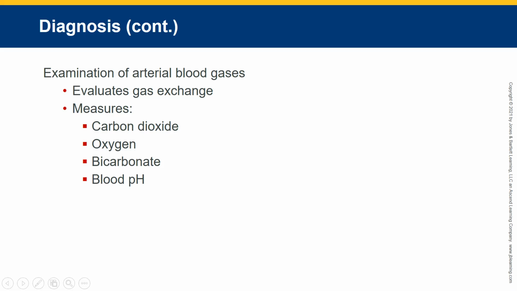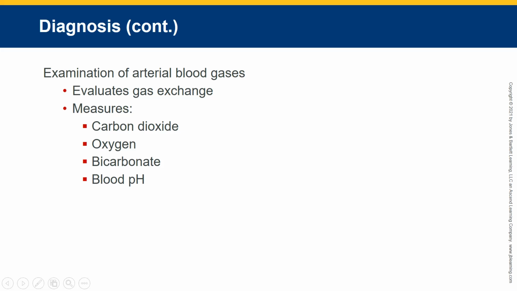The kidneys release bicarbonate in metabolic control of pH, just like baking soda, bicarbonate of soda, same thing. It will change the pH of your blood. So we can measure not just the carbon dioxide that looks at respiratory alkalosis or acidosis, we can look at the bicarbonate carbonic acid system too.